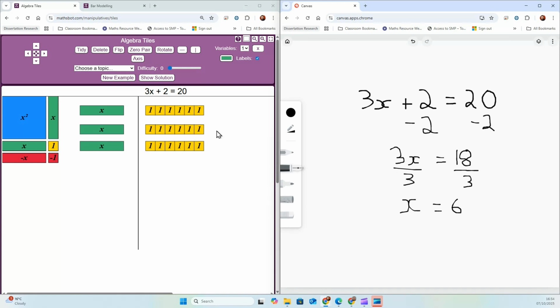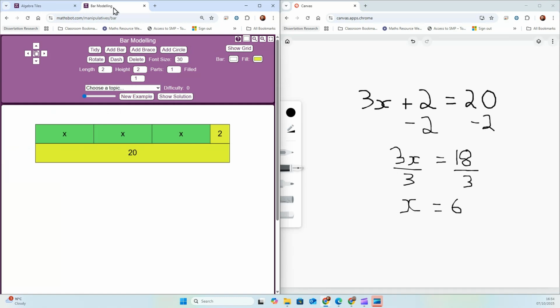The alternative is to use a measure model for the equality, in this case using a bar model. And in this case, the equality is much more implicit within the model.